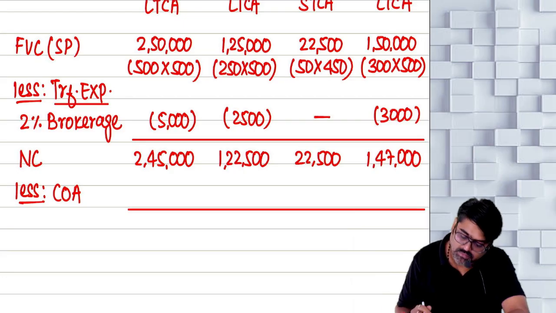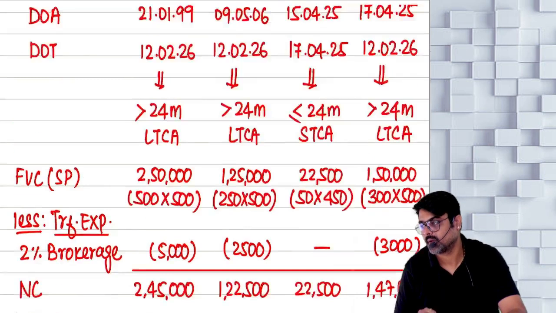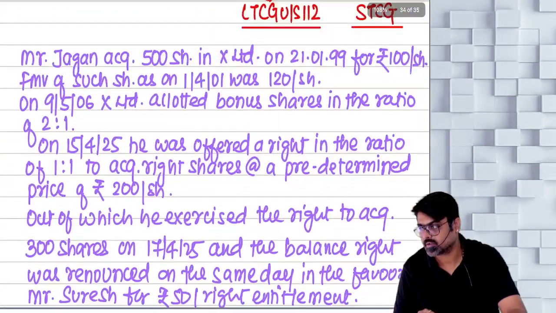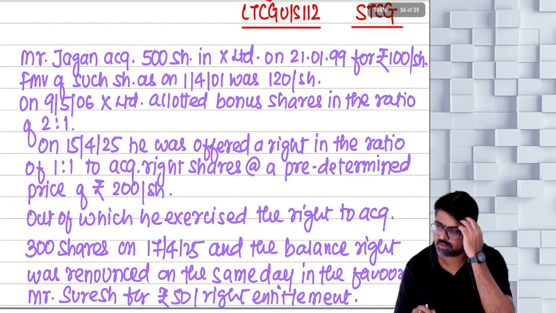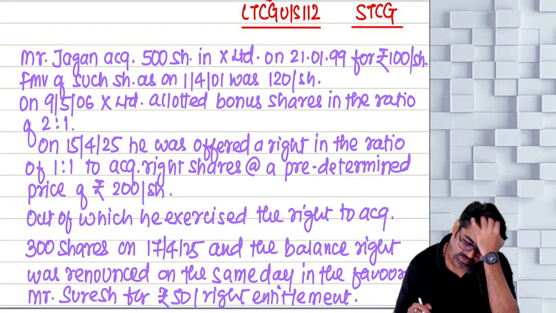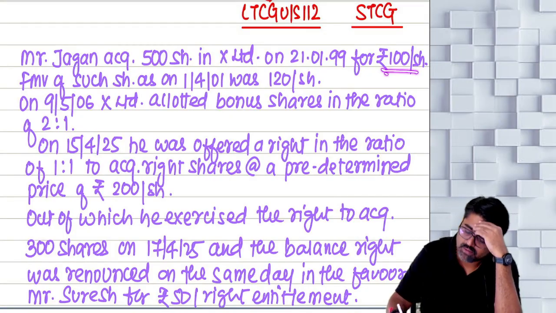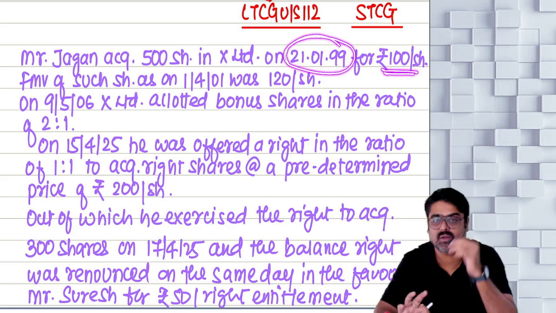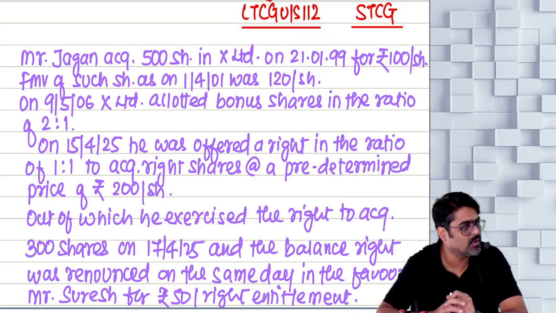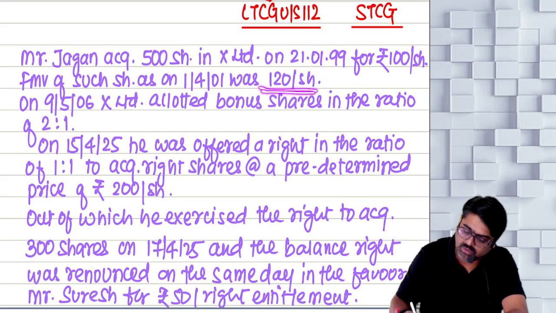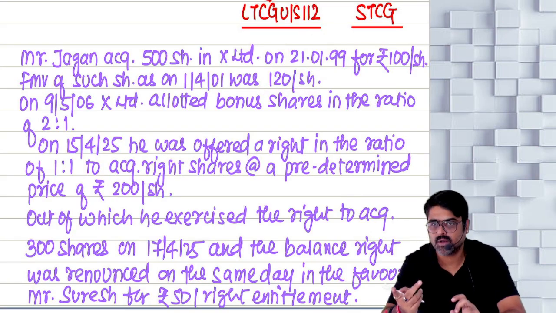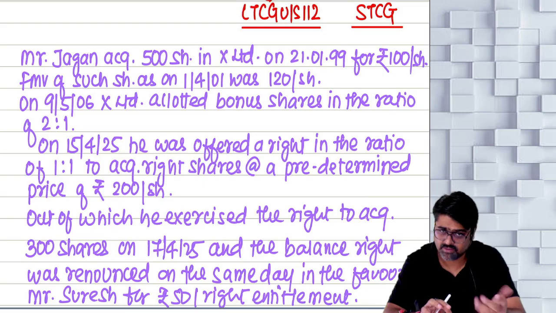So what is the cost of acquisition? Come on, tell me. Shares are acquired for 100 rupees per share. So actual cost is 100. And since the shares are acquired prior to 1st April 2001, you get the option to take the fair market value also. Fair market value on 1st April 2001 is 120, so 100 or 120, whichever is higher.